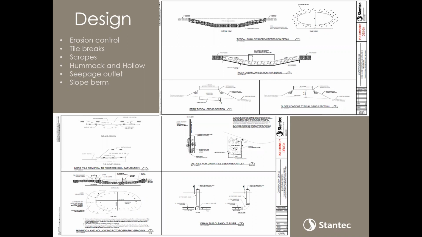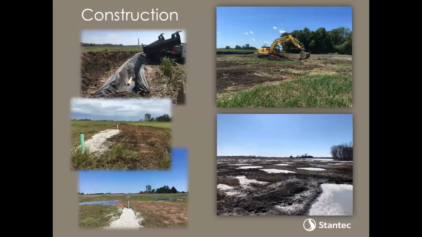Also, we did a seepage outlet, more of an engineering type thing, to maintain drainage from off-site on-site. So anyway, it's just a really important part to bring the team together, especially in the design phase and then into the construction. As far as construction, this project was actually done with some fairly light equipment.